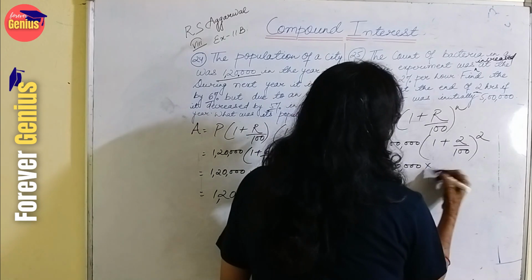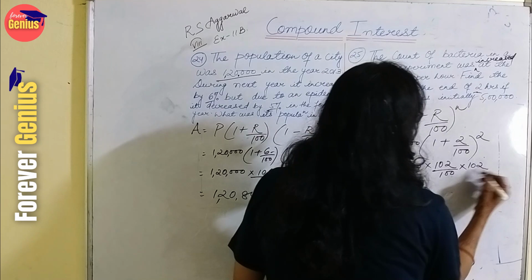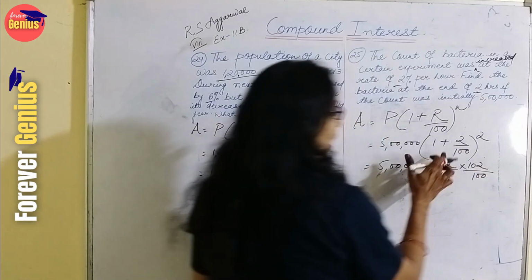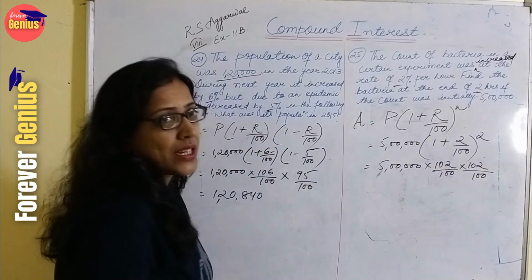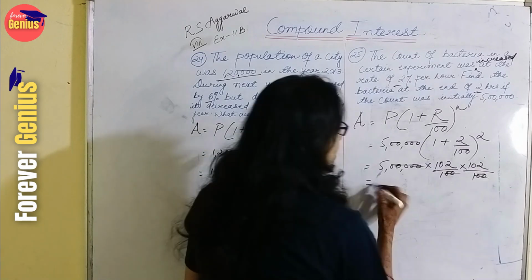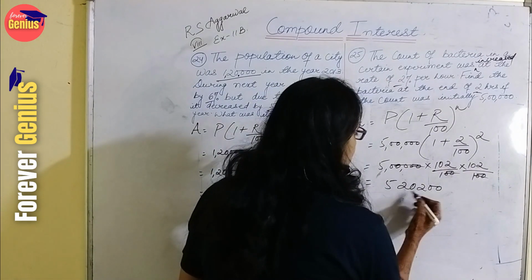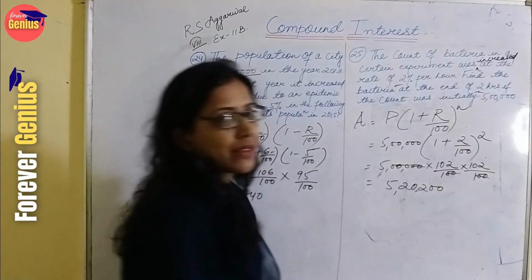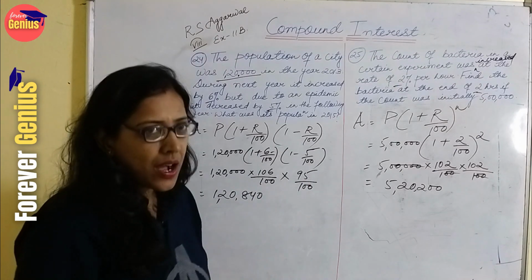So this is into 102 by 100 into 102 by 100. Why 102? We solved the fraction addition and got this value. This is equal to 520200. So this is the count of bacteria after the 2 hours.